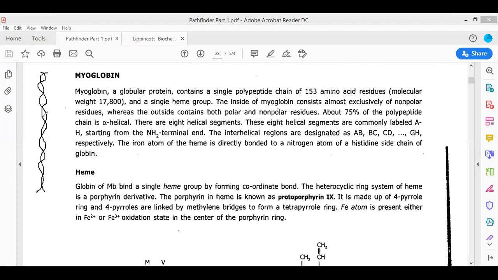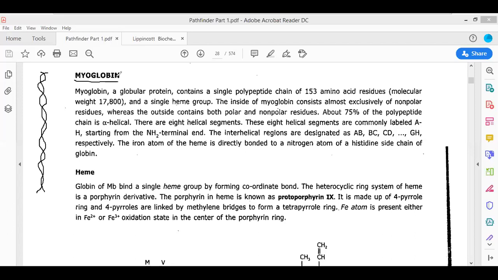These proteins have higher tensile strength, and those are referred to as fibrous proteins. But when you talk about a globular protein, for example myoglobin or hemoglobin, or any other type of protein which has an ability to interact with water molecules, then such proteins will be referred to as globular proteins in nature.